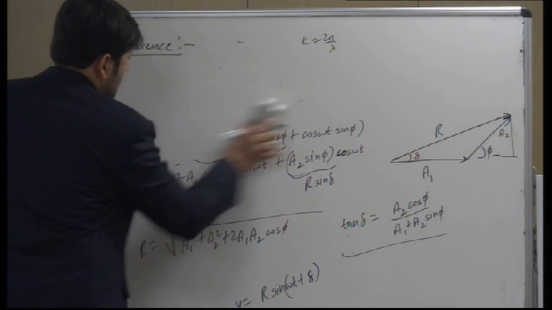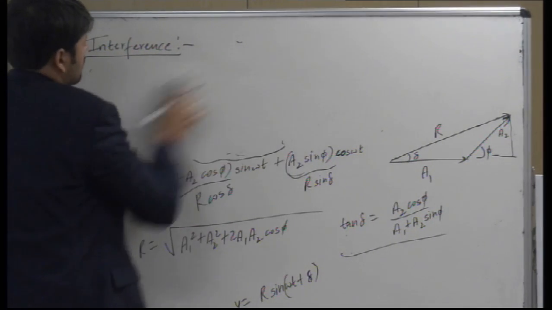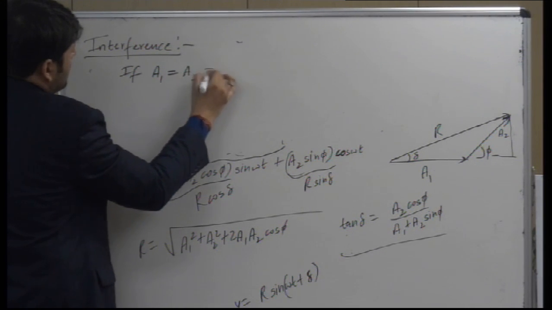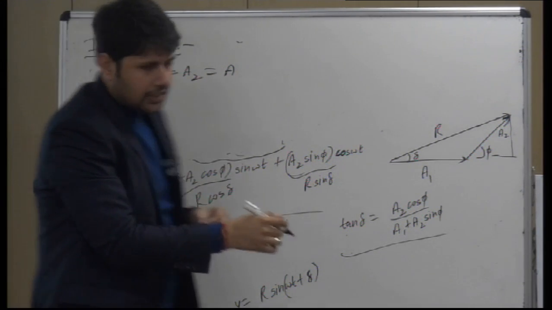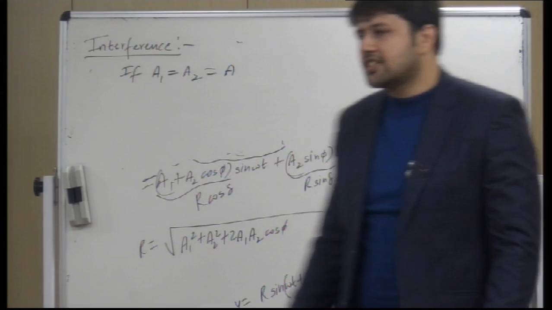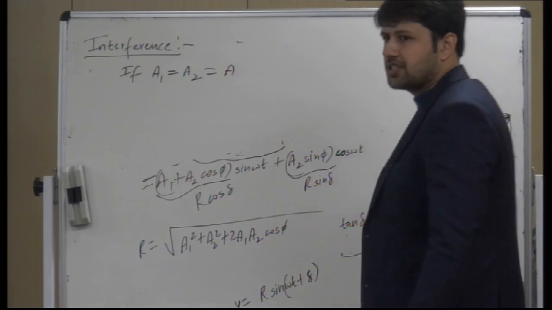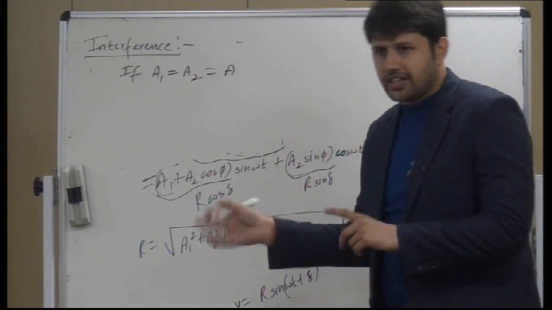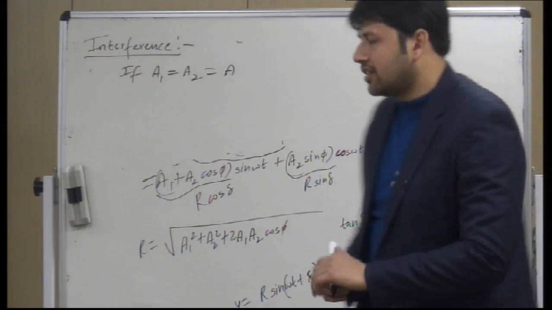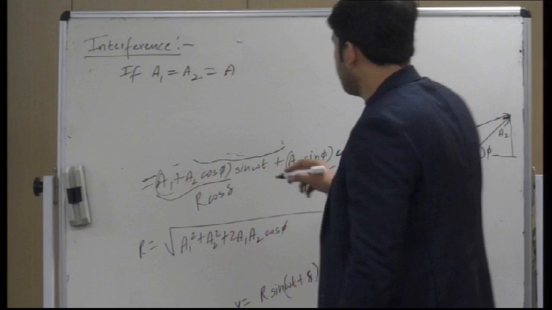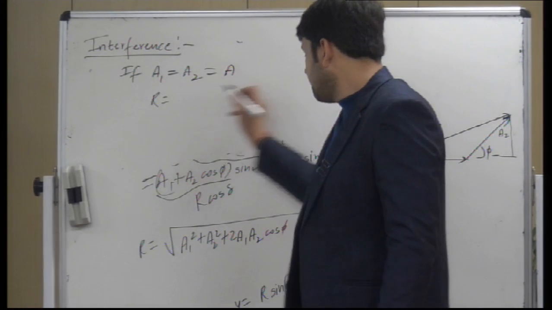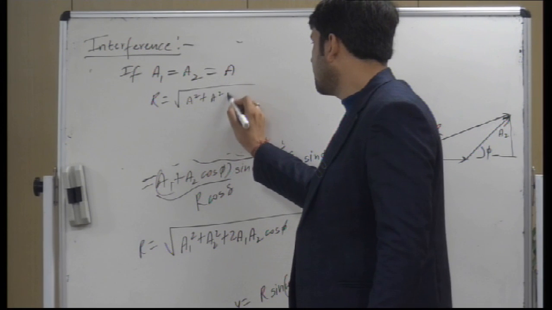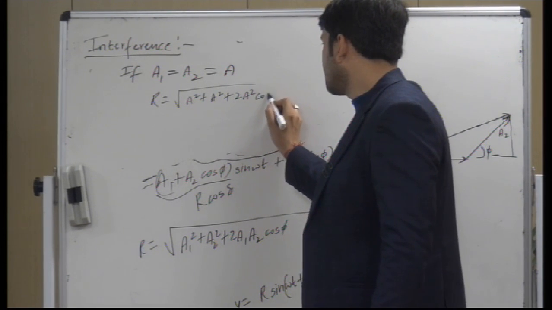Now let's have a condition. If a1 and a2 both are equal, see, we deliberately try to have the intensities of the two sources equal. It gives us better contrast. We'll study in YDSE how it gives better contrast. So when amplitudes are equal, the resultant would become under root a square plus a square plus 2a square cos phi.